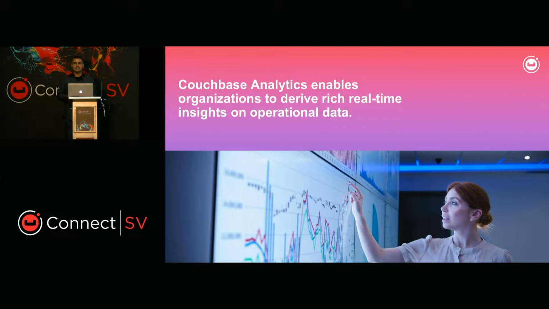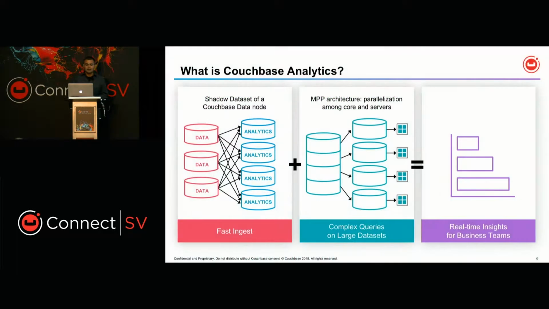How does Couchbase Analytics really do that? Without going into the architectural detail, but at a very high level, I think this is one slide that captures it really well. I'm going to start at the extreme left of this slide. The first thing you need is, as soon as the data is available in your ops store, I was showing a toy cluster in the keynote demo earlier today where we had 500,000 ops a second.